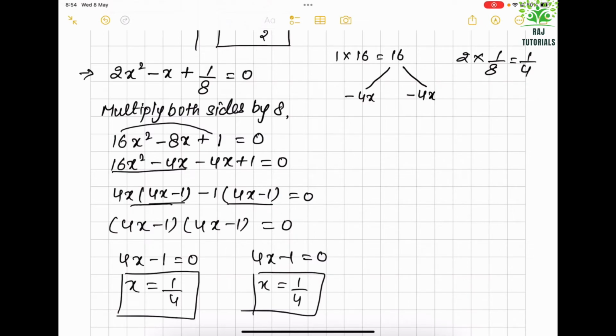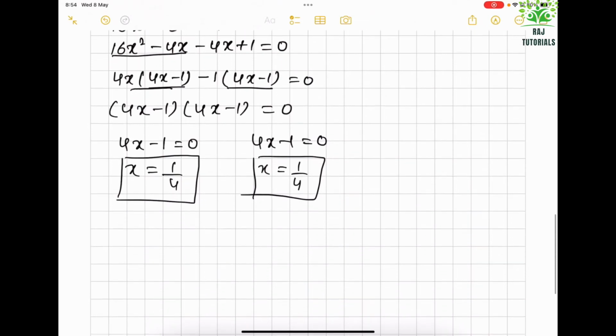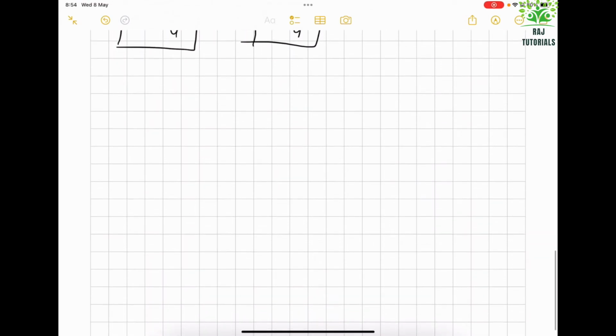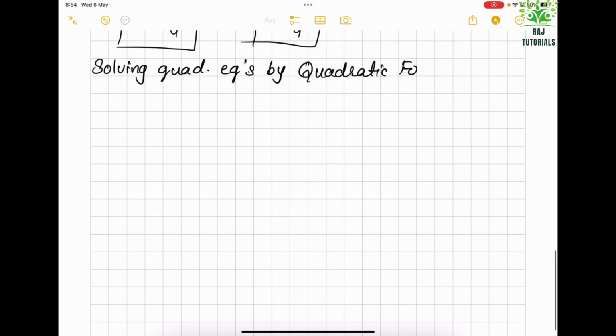Now there is one more topic in this case: solving quadratic equations by the quadratic formula. Here I am not going to split the middle term and find the solutions, but directly I will get the answer.